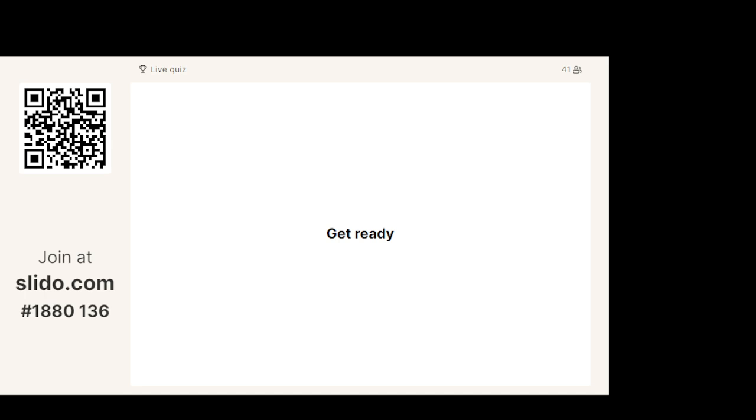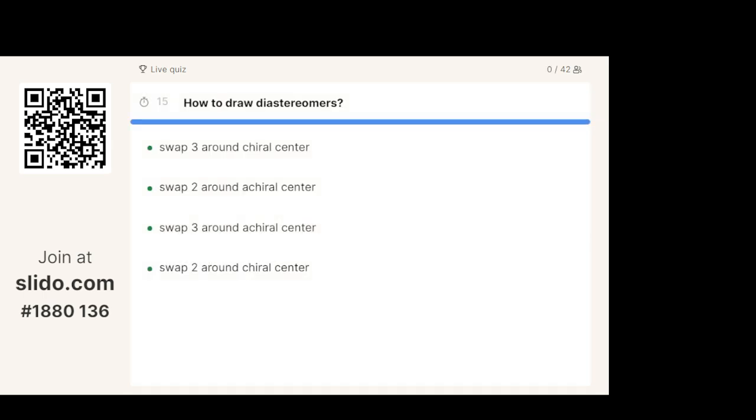How do we interconvert these things? Okay. So do I want to swap 3 of them around, 2 of them around, an achiral center, a chiral center? What am I going to do?